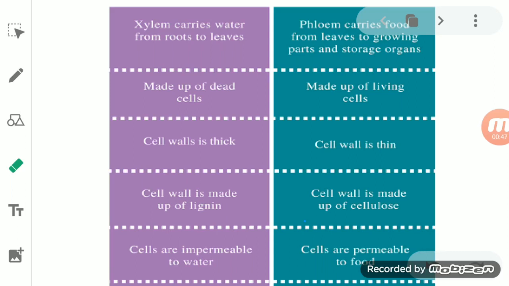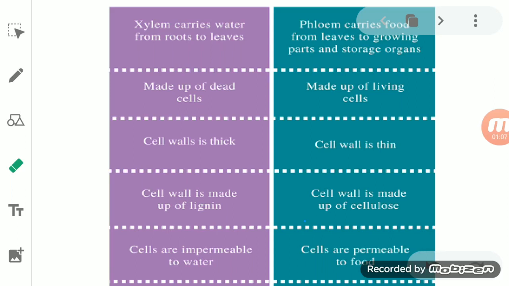Even the function is almost the same: xylem conducts substances, and phloem also conducts substances. So xylem and phloem are both known as conducting tissues.